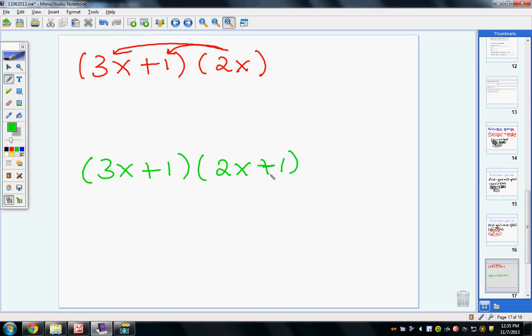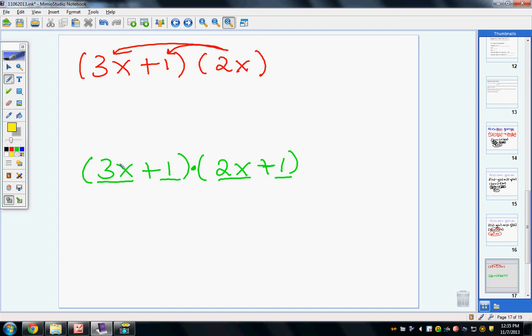This is where FOIL comes into play, okay? FOIL is only when you're multiplying, and it only works if you have two terms in the first parentheses and two terms in the second parentheses. And really the only purpose of FOIL is just to remind you that everything gets multiplied, that you're distributing everything. With FOIL, you multiply your first terms.